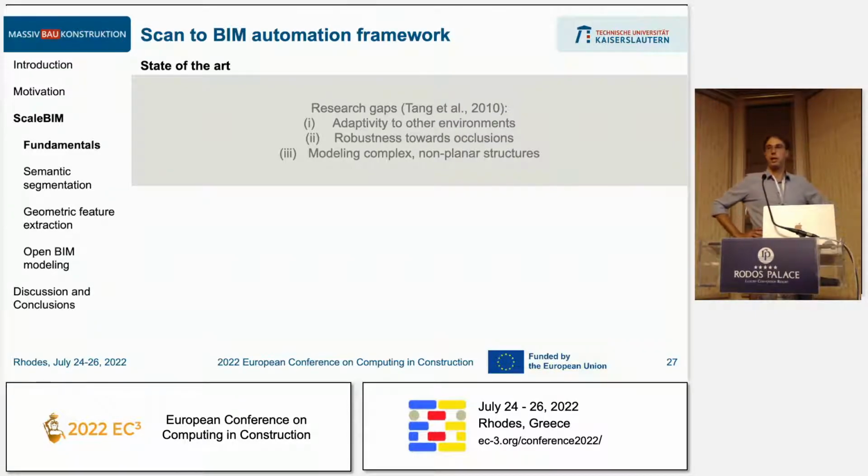Now I just want to give you a very brief overview of the state of the art. Obviously, time is limited today. Research gaps have been identified by Tang et al. 2010, which are adaptivity to other environments, robustness towards occlusions, and the modeling of complex non-planar structures.